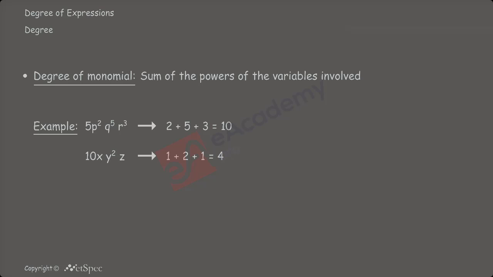Now, let us revise how 5 can be written. 5 can be written as 5 multiplied by 1, while 1 can also be written as x to the power of 0. The next step is to identify the variable. Since x is the variable, its power is 0. Therefore, the degree of 5 is 0.